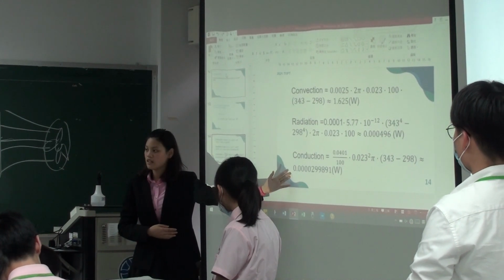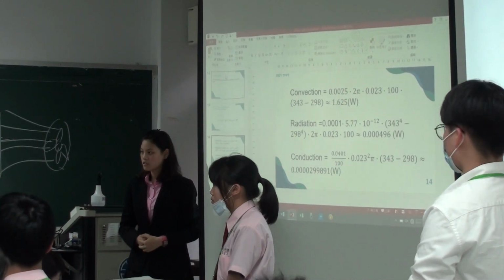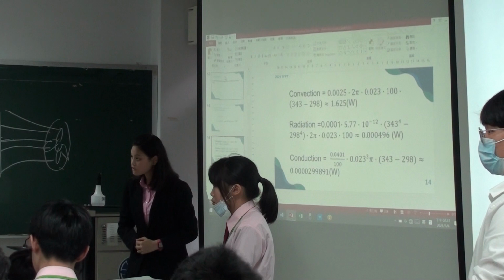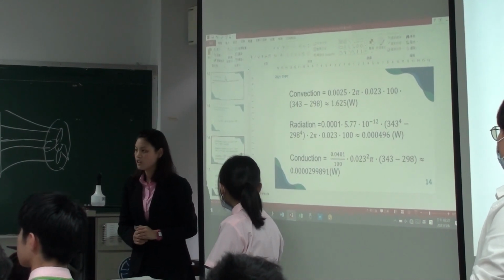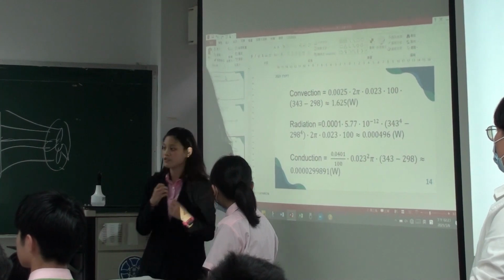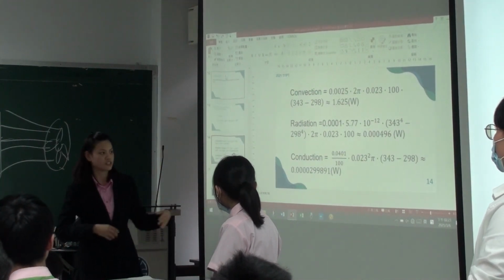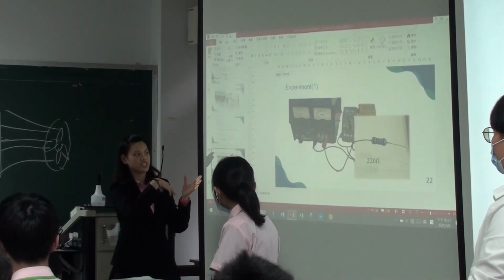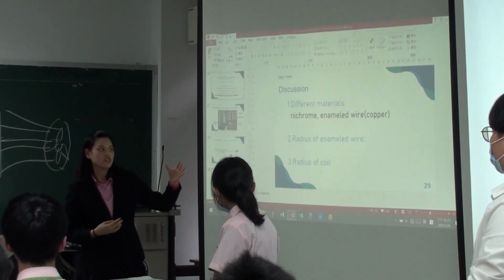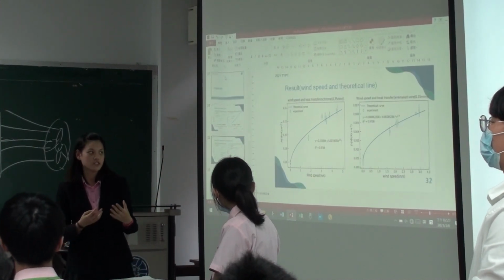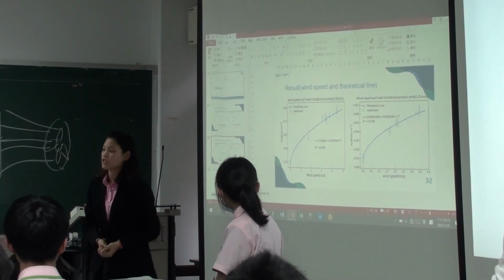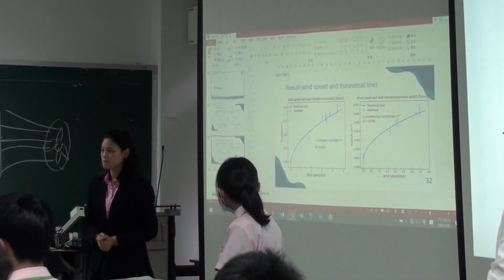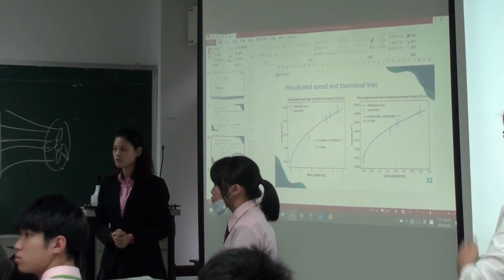Yes. So you are thinking that the emission coefficient is that low? Yes, and just after fitting, you can see in my relation between the heat transfer and wind speed, I put it in as a decimal, and I can calculate the emission coefficient. Yes. Any more questions?